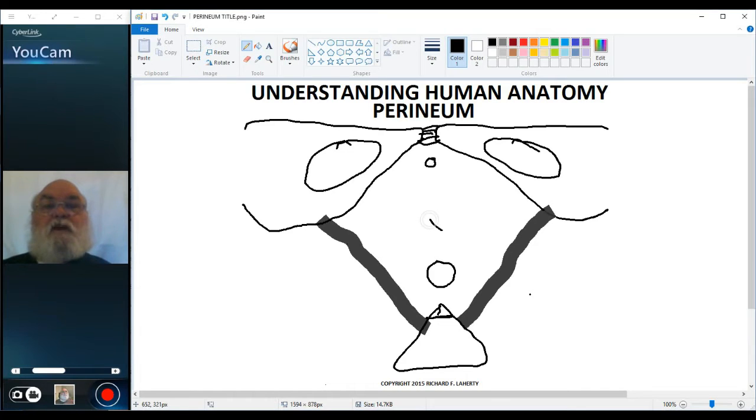Now we'll sketch in the perineal body right here, and I just want to draw in a midline raphe where the right and left muscles of the pelvic diaphragm meet.